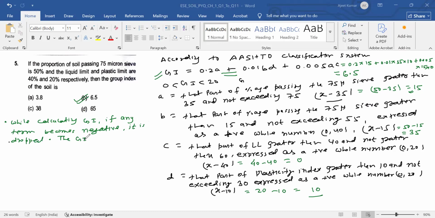to the nearest whole number. The next point is, if the computed value is negative, it is reported as 0.